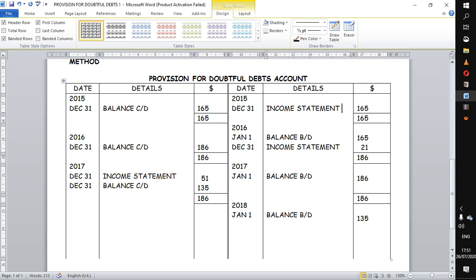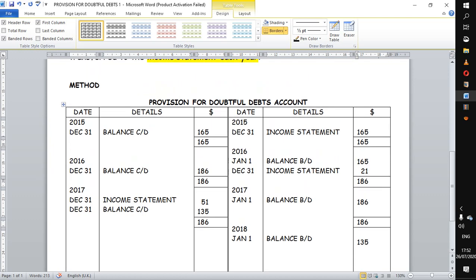Here we increased because we started from 0 to 165. Then from 165 we were going to 186, so we increased by 21. But when we reached 186, we then decreased to 135. So we subtracted 51. But the 51 decrease is regarded as income to the business. So this is how we record in the provision for doubtful debts account.